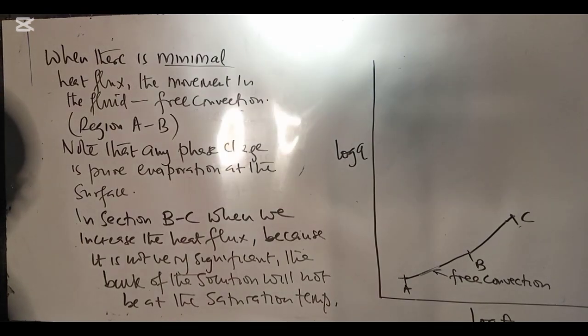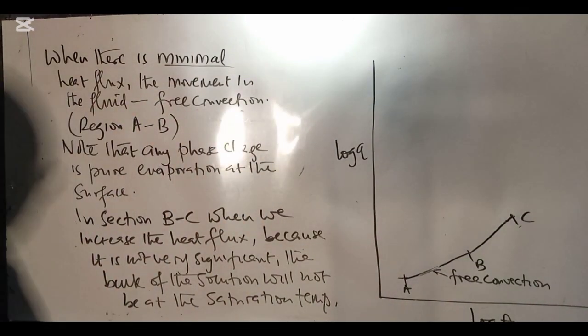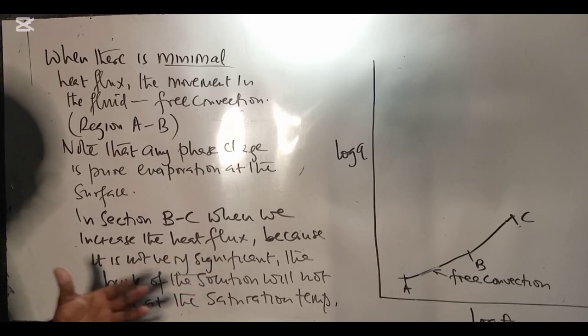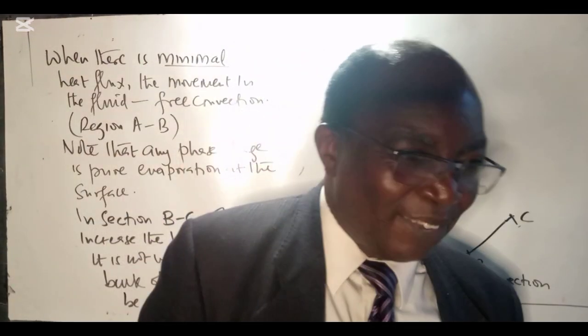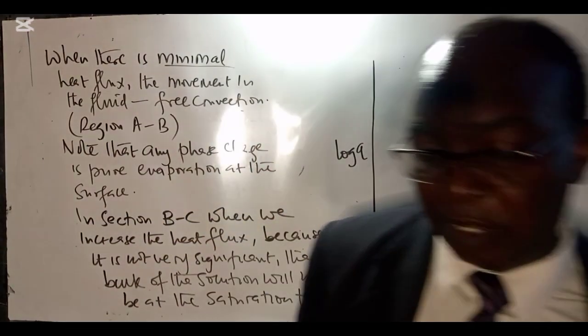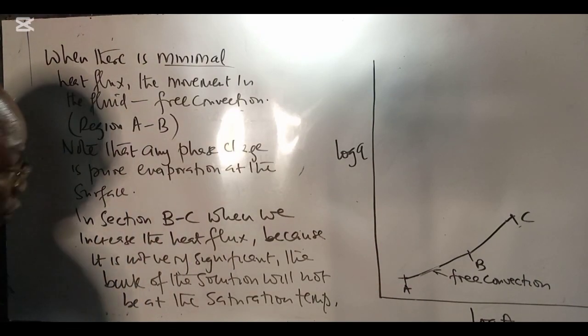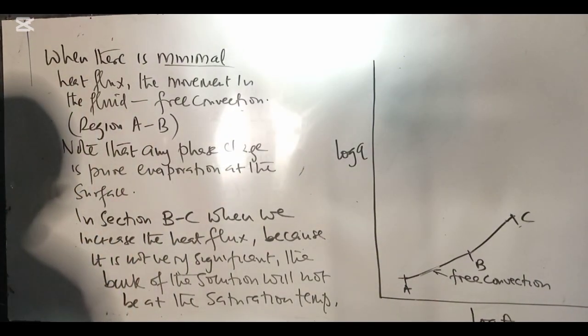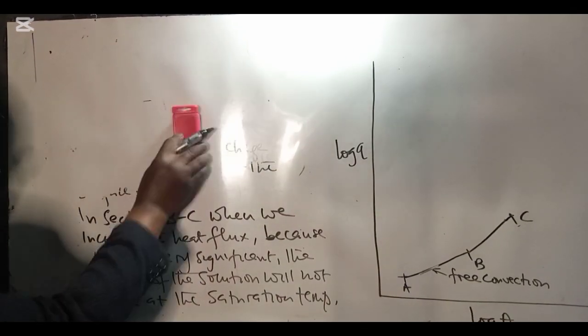And number two, even in section B to C, despite the fact that we're increasing the heat flux, we have not increased it significantly, such that the temperature of the bulk of the fluid is still not at the saturation temperature.